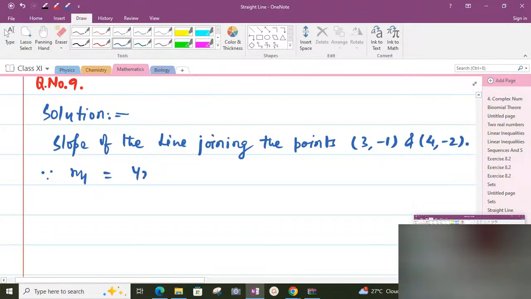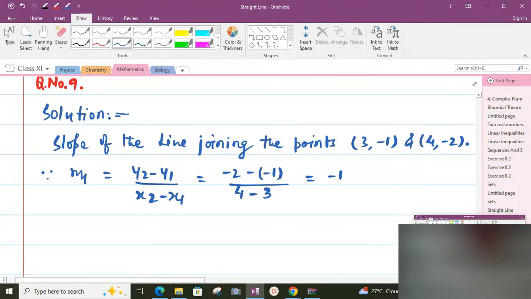Then for this we recall the formula y2 minus y1 by x2 minus x1. The value of y2 here will be -2 and the value of y1 will be -1, so we write -2 plus 1 by x2 minus x1. The value of x2 will be 4 and the value of x1 will be 3. So -2 plus 1 equals -1 by 4 minus 3 equals 1, so we get -1. Of that there is no problem to understand up to this step.